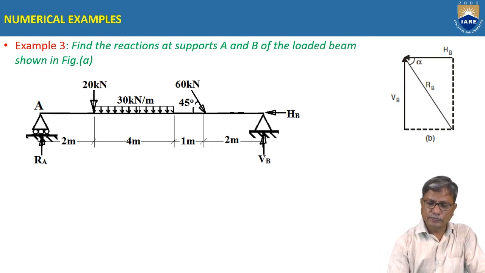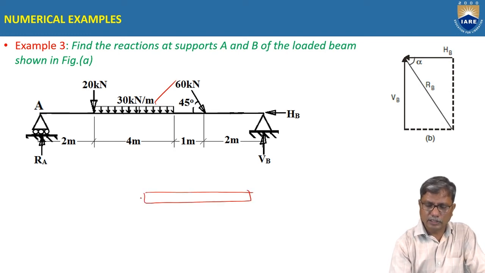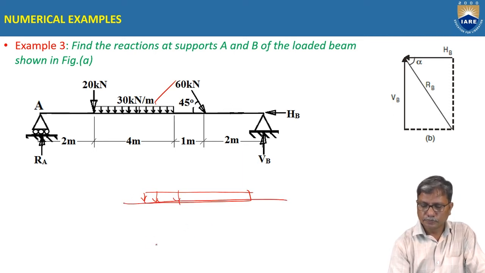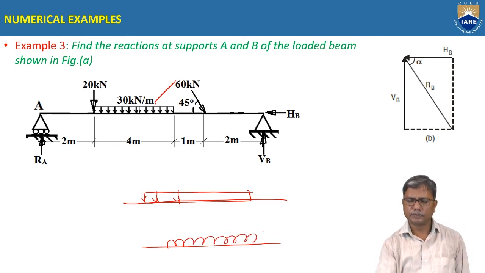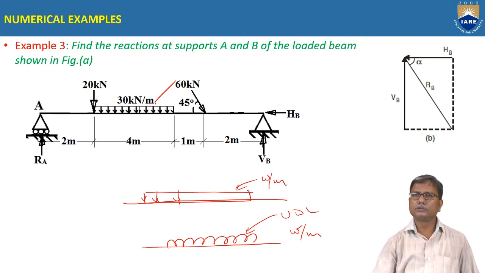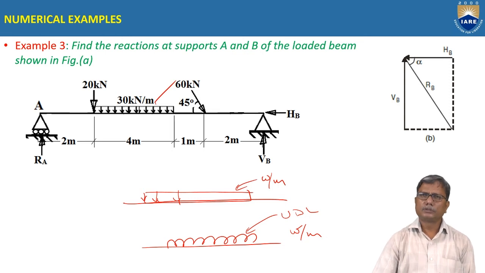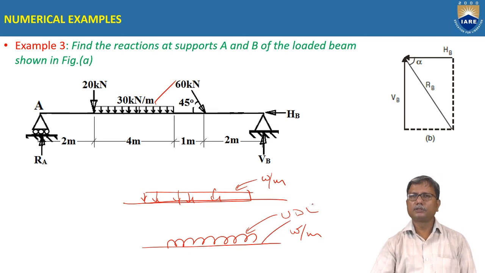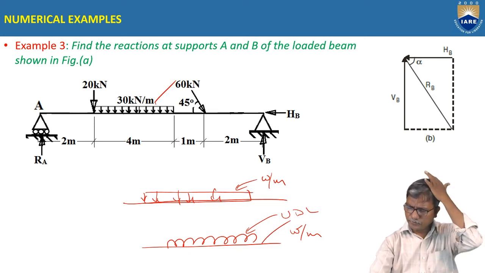So the uniformly distributed load is represented by a rectangle like this, or it is also represented by this, like this. This is also UDL with some intensity, and this is also UDL. So UDL is represented either this way or this way. Both are uniformly distributed loads.